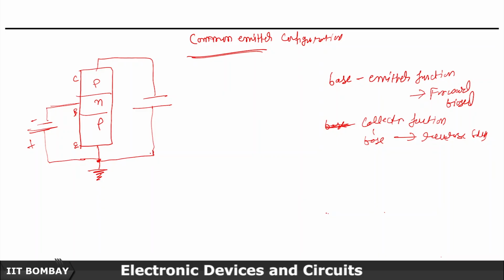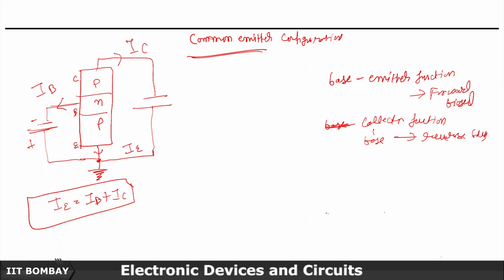So this is a common emitter configuration. The collector current is IC, the base current is IB, and this comes out to be IE. So IE is equal to IB plus IC, and this law remains valid here.